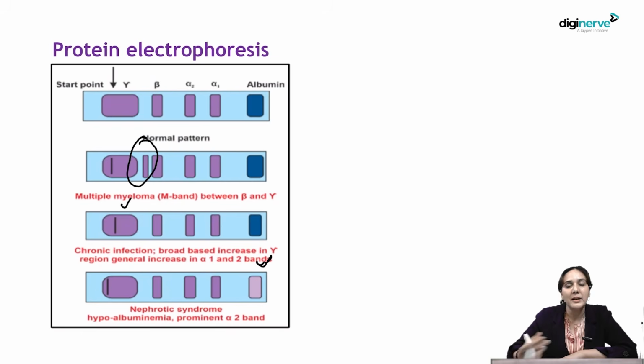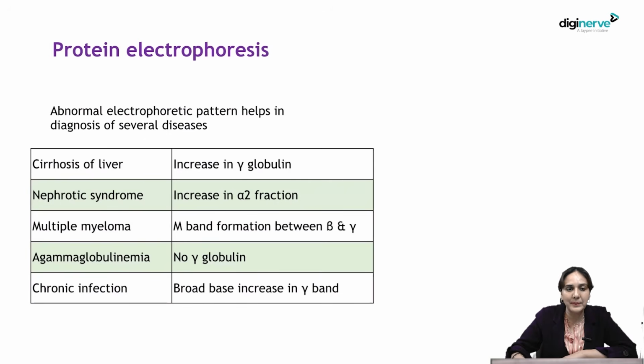In this way, with the help of electrophoresis, we can make the diagnosis. In cirrhosis of the liver, there is increased gamma globulin. In nephrotic syndrome, there is an increase in the alpha 2 fraction. In multiple myeloma, as we have discussed, there is an M band between beta and gamma. In agammaglobulinemia, there is no gamma globulin. In chronic infection, there is a broad-based increase in the gamma band. So on the basis of different electrophoretic patterns, we can make the diagnosis.